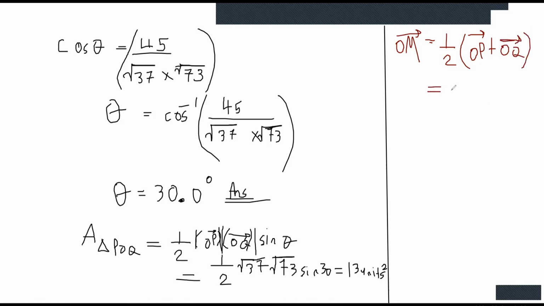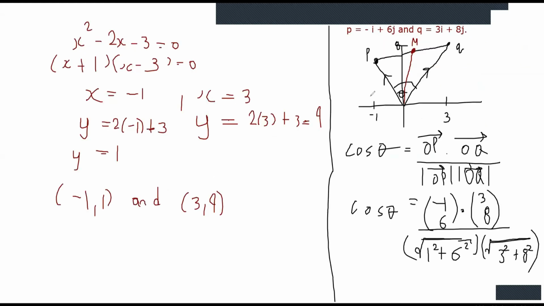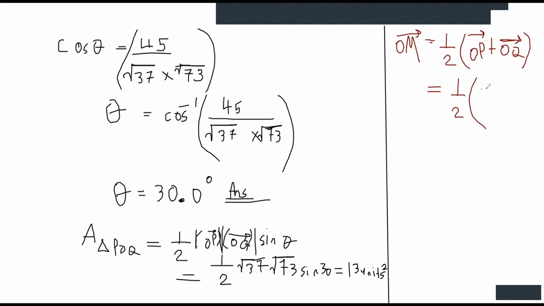So the midpoint is going to be a half of OP plus OQ. Let's add OP and OQ. OP is negative 1, 6, and this is being added to OQ, and OQ was 3, 8.